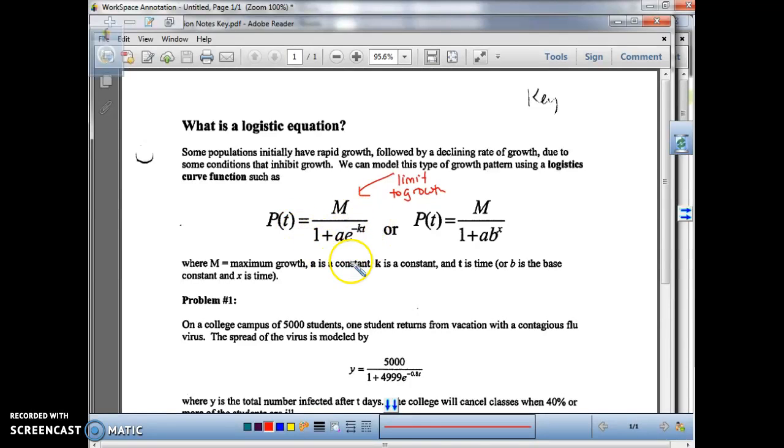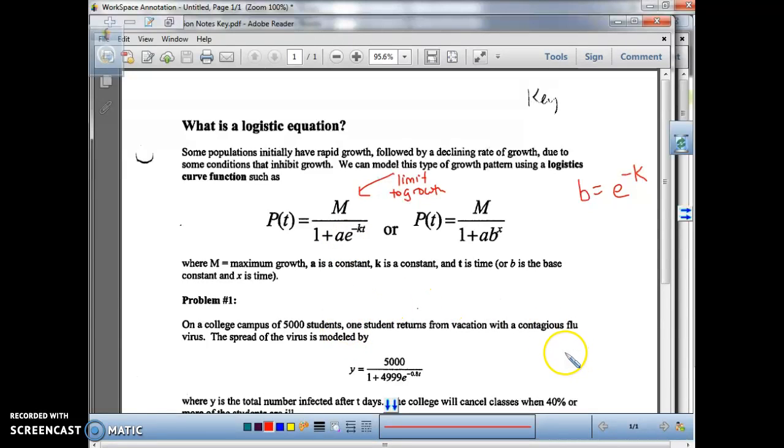And we simplified it down, and we pretty much figured out that it always comes down to B will equal what? E to the negative k. Very good. And that's what it always comes down to. E to the negative k is going to be your base if you're using this function here. Just that's how it simplifies and is exactly the same function either way.